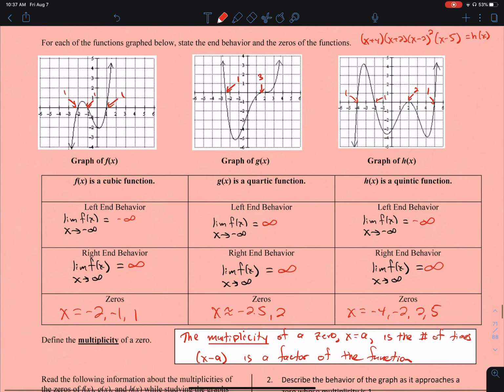So for example, multiplicity of 1 plus 1 plus 1 is 3, it's cubic. Multiplicity of 1 plus 3 is 4, it's quartic. 1 plus 1 plus 1 plus 2 is 4, plus 1 is 5, quintic, 5.